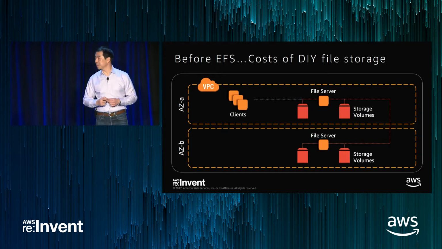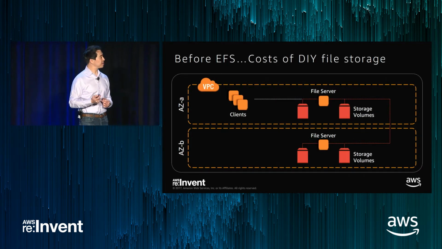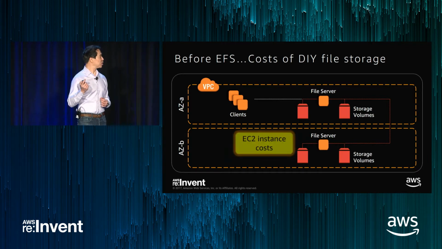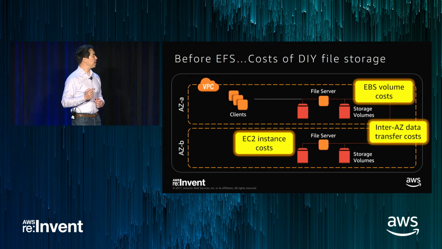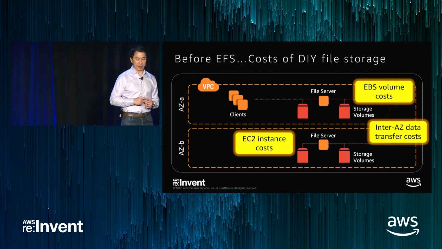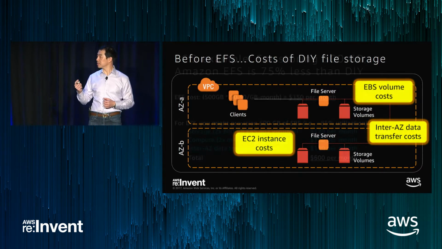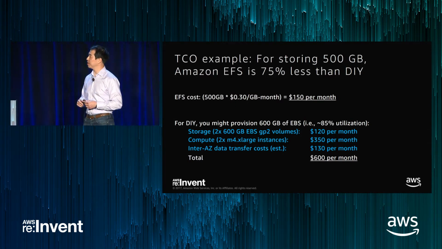So again, you could do it yourself. You could create this file server environment, pay for EC2, pay for multiple EBS volumes, and any inter-AZ data transfer costs to copy the data, keep it in sync. Or you could go with a fully managed option in Amazon EFS.